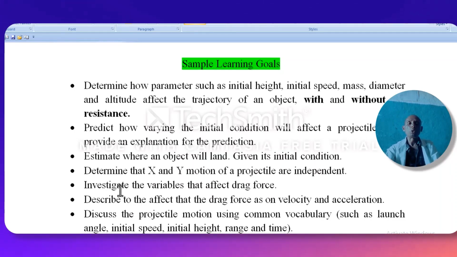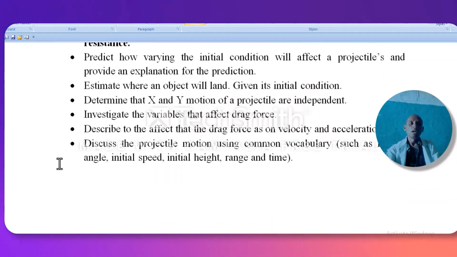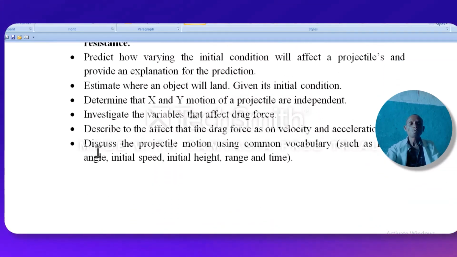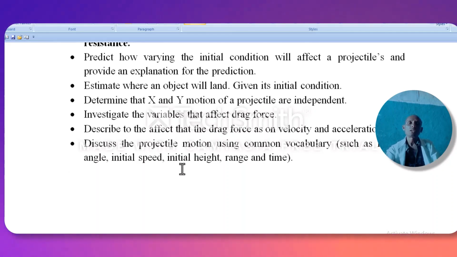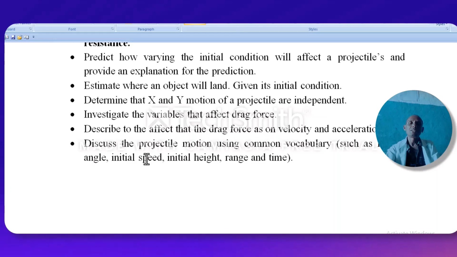Also, we investigate the variables that affect the drag force, and describe the effect that the drag force has on the velocity and the acceleration of the projectile. And finally, we discuss projectile motion using common vocabulary such as launch angle, initial speed, initial height, range, and time taken.